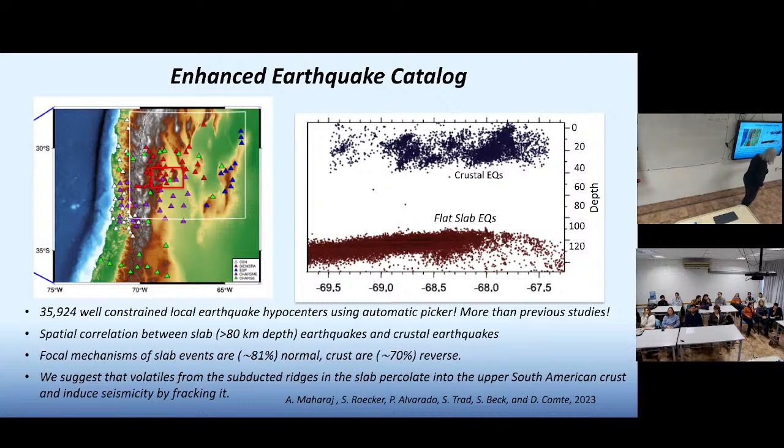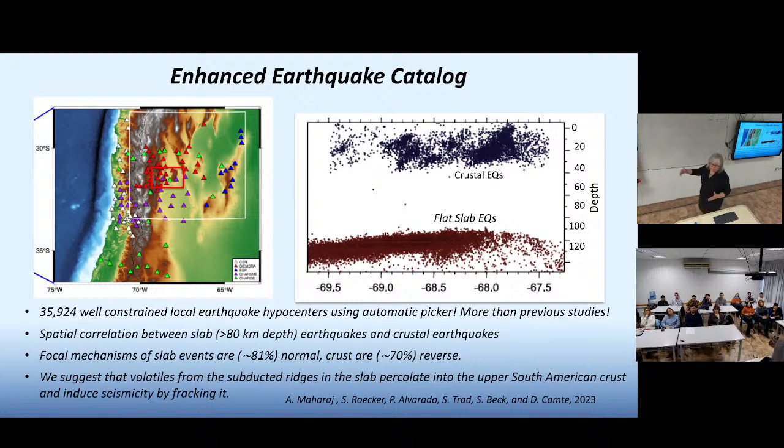So this recent paper that Patricia was part of, and Sol from here, and Deanna and I, but really led by Ariana and Steve, suggested that these earthquakes are from dehydration reactions, which we know, but there are so many and they're releasing so much water that it gets up through the mantle lithosphere, and it's basically hydrofracking the crust.